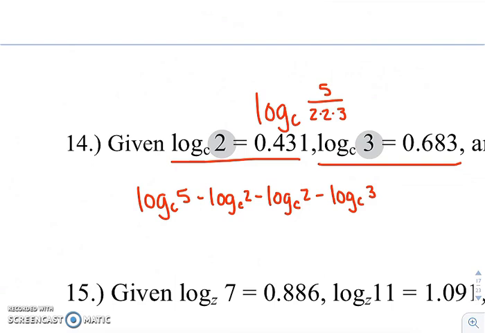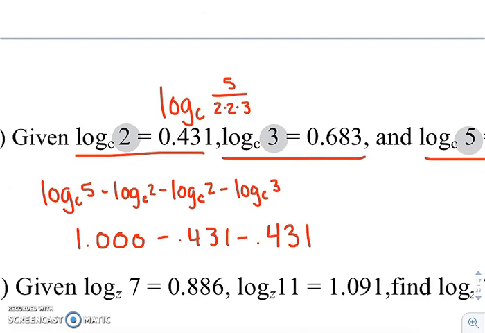Log base c of 5, it's telling us equals 1.000. And then our log base c of 2 is 0.431, so minus 0.431 minus 0.431, and then minus that 0.683, which is our log base c of 3.